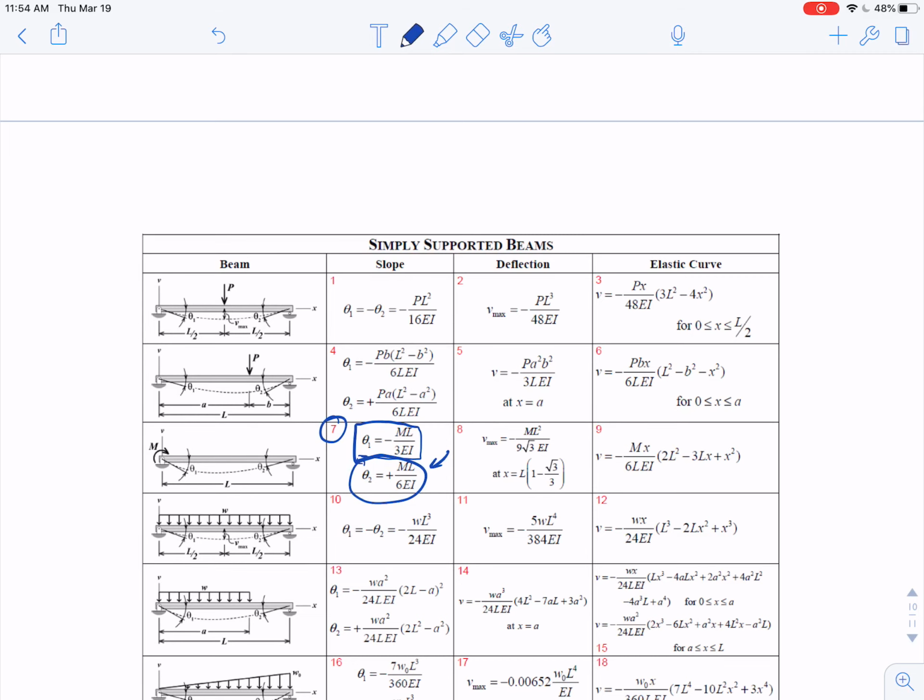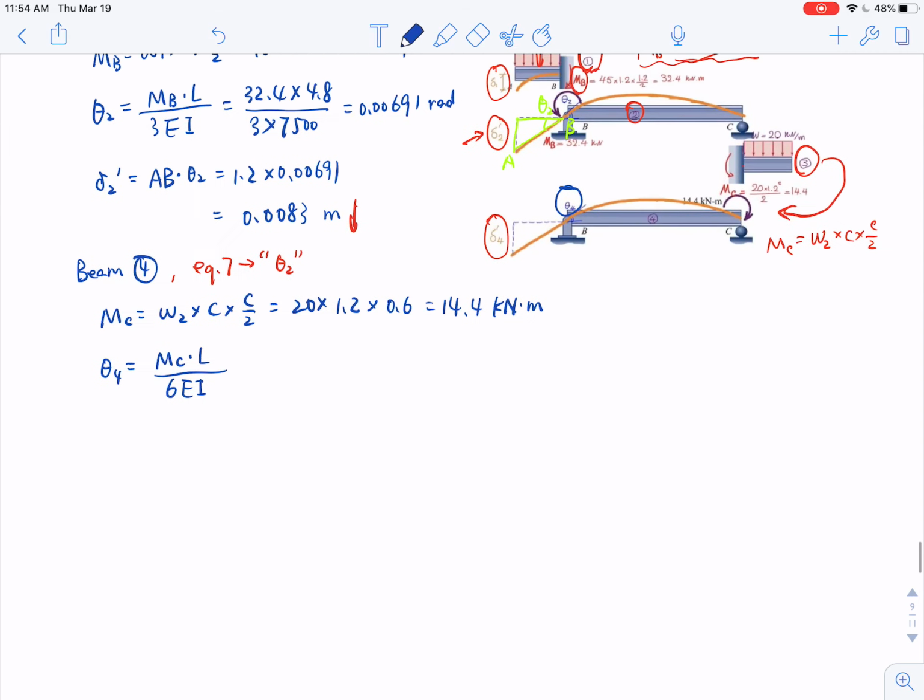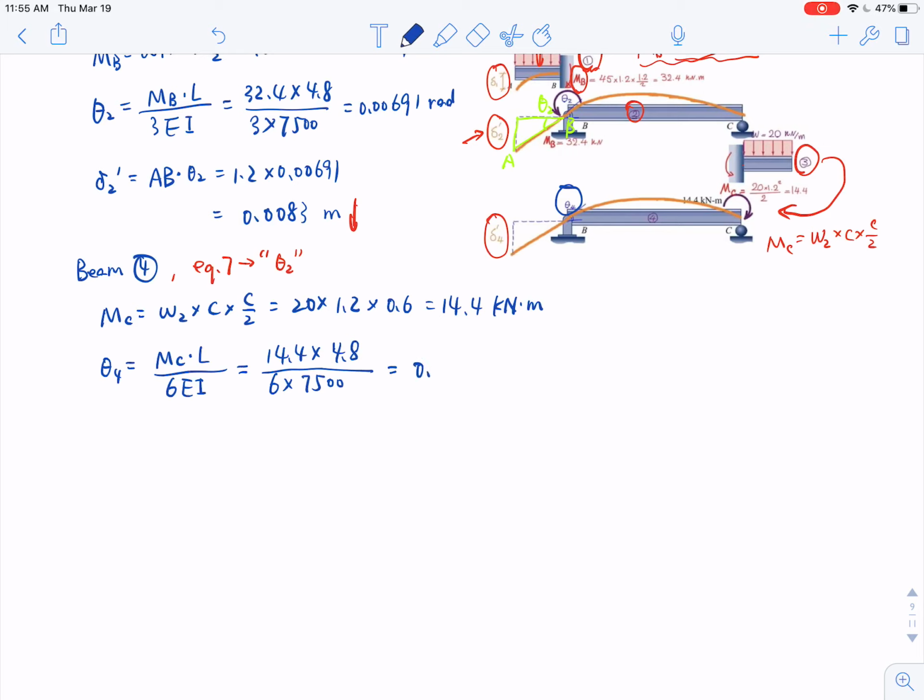This will be 14.4 times the L here, again 4.8 meter, over 6 times 7,500. Then you get 0.00154 radian.